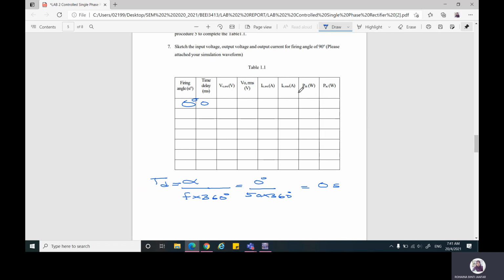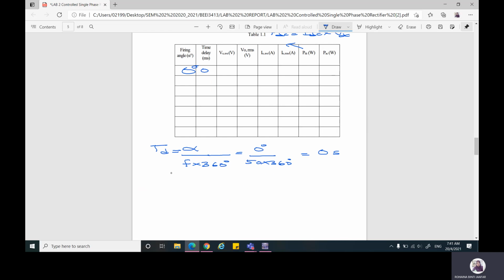So all the reading you can get from the measurement probe. And then how to calculate your PDC and PAC? So this is DC power and AC power. So for this one, you have to use this formula. So PDC equal to I DC times V DC. Okay. And then for PAC, so I write it here.